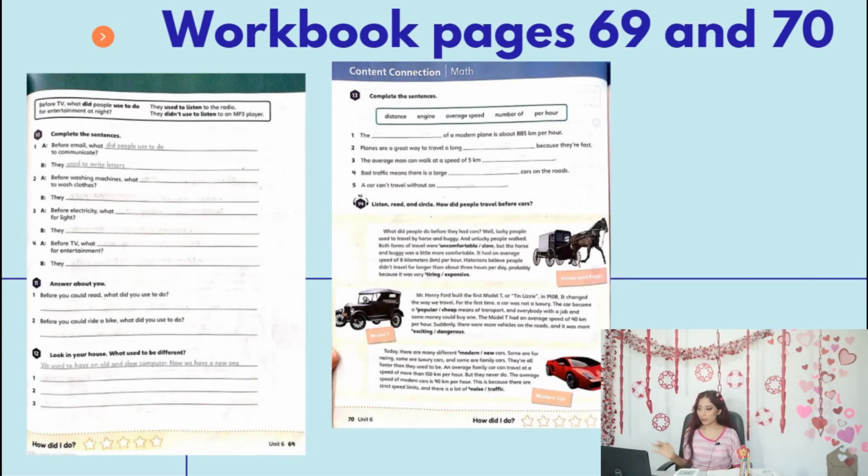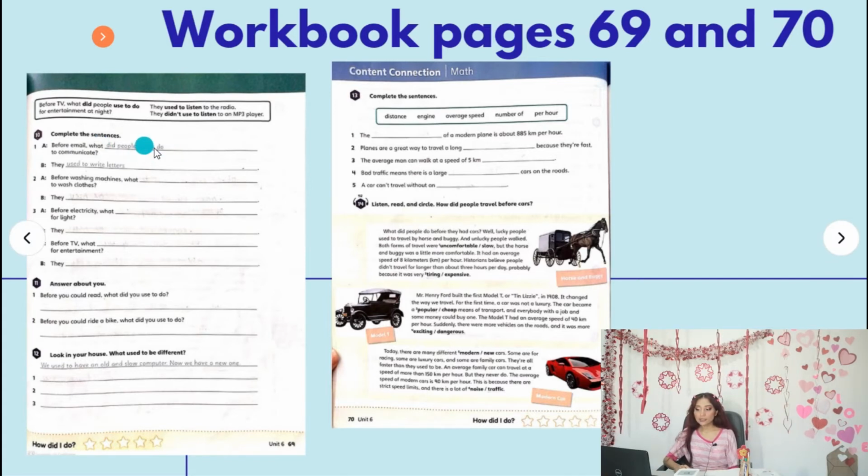Okay, that's it. So, complete the sentences, letter A and letter B. And we have 4 of these. So, number 1 is already answered because it's an example. Before email, what did people used to do to communicate? So, pay attention to this.